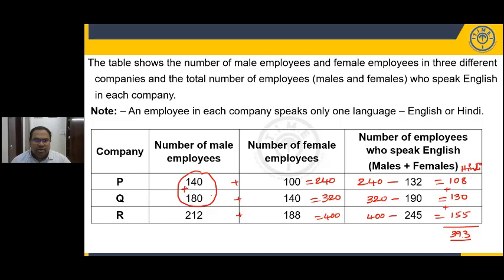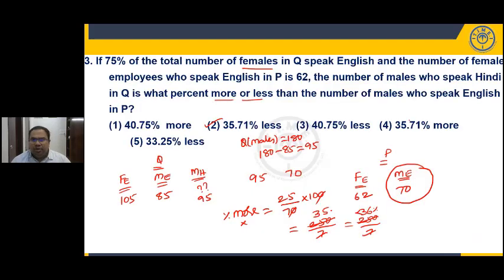Now look at the third question. The percentage you want is 25 by 70 into 100. Actually, you can make an approximation. Sorry, the answer is more now. My mistake.